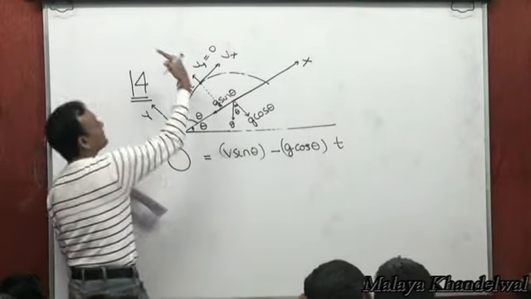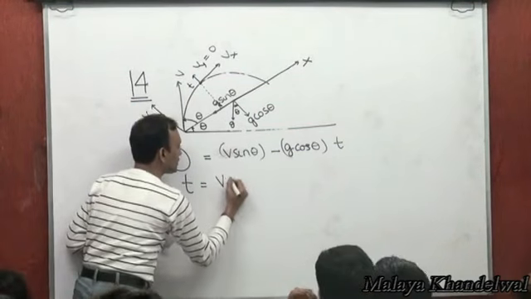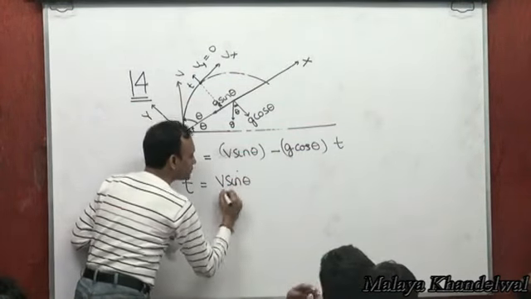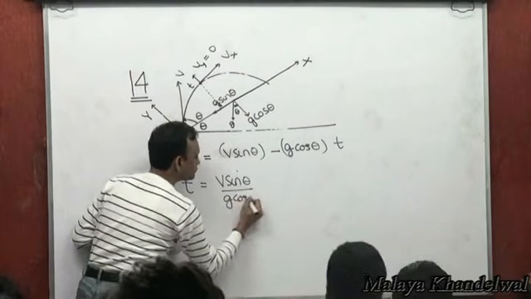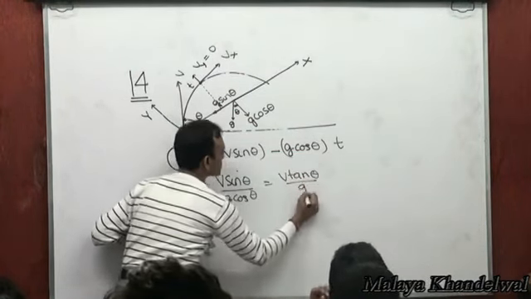This will give me the time it takes to reach the highest point, which is v sin theta by g cos theta. V tan theta by g is the time it takes to reach the highest point.